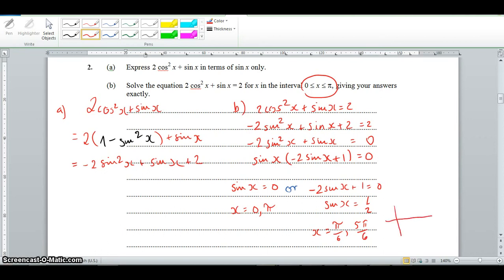It's useful also to do a little sine curve here for yourselves to confirm all this. If I'm looking at the values where sine x equals a half, then I can see I've got a value here and here between 0 and pi. So I'm looking for these two places, and they fit pi over 6 and 5 pi over 6.